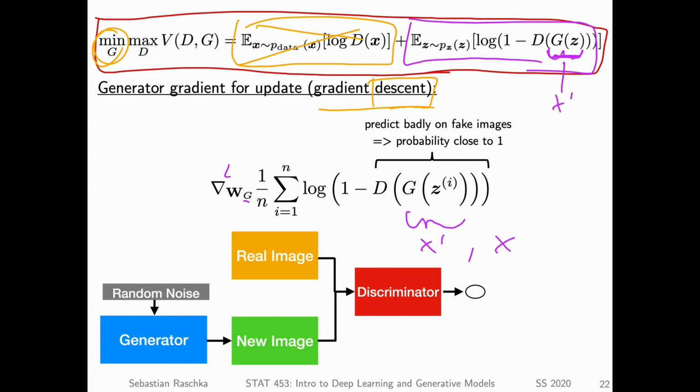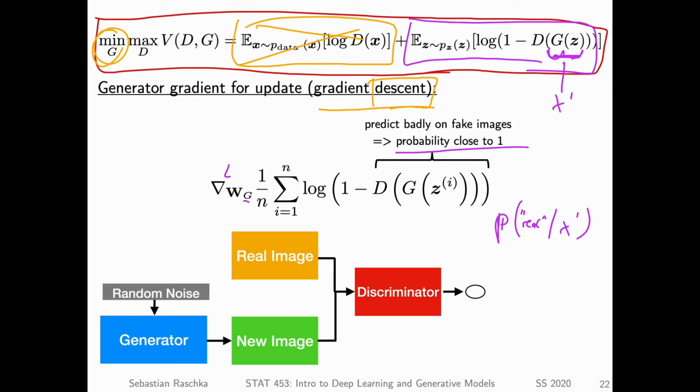In order to achieve that, we learn this objective, and that is the minimization problem. So the part where the discriminator makes a wrong prediction is when the probability is close to 1, because 1 means that it's very confident about X prime being real. So that would be this part where it returns a high probability, thinking that this is a real image.